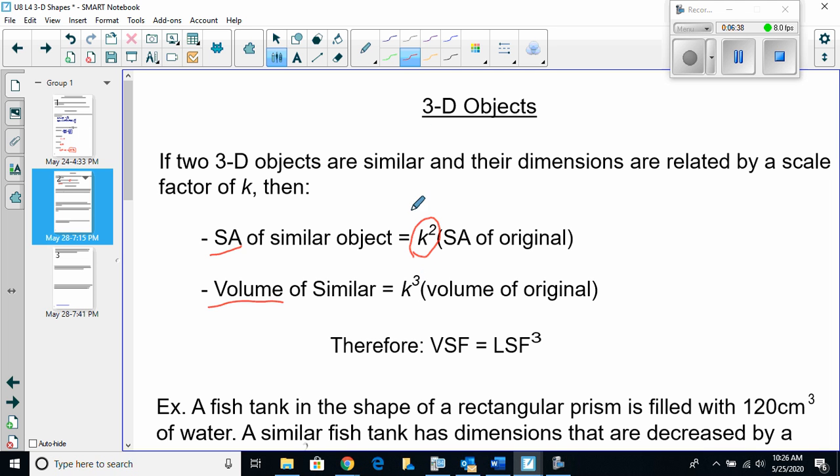And the volume scale factor is k to the power of 3. Therefore, the volume of the similar object will be the linear factor to the power of 3.